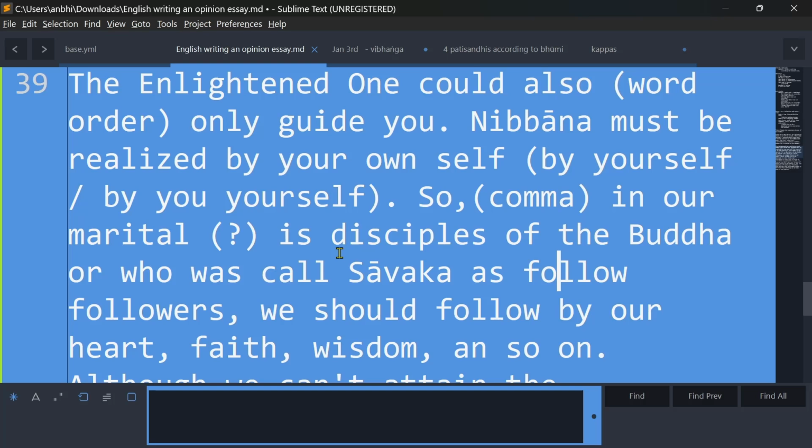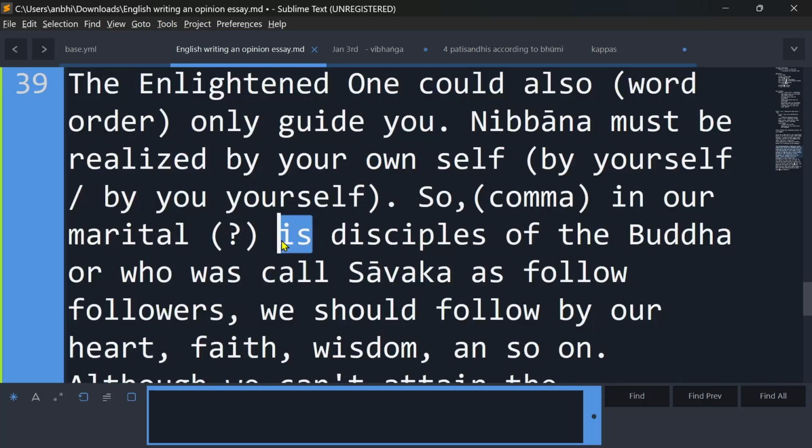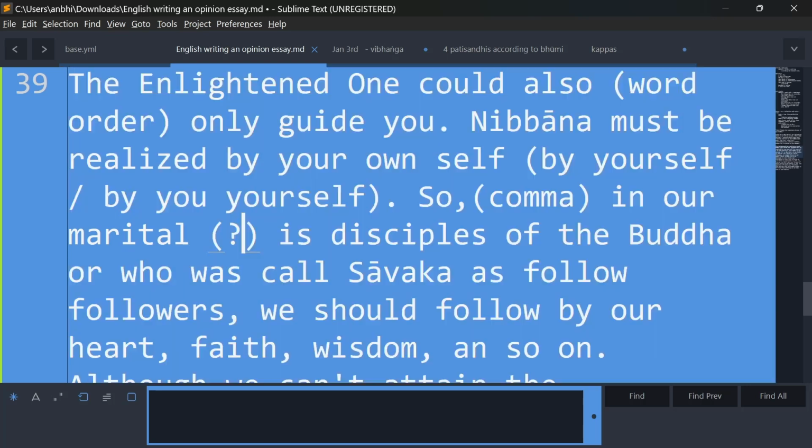Yeah, you could say "disciples," because "disciples" is not the subject of the verb. For the verb, you always have to think: who or what is doing that or being that? Not what comes afterwards. Here, maybe the subject is "marital," right?